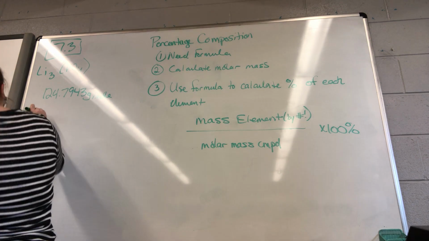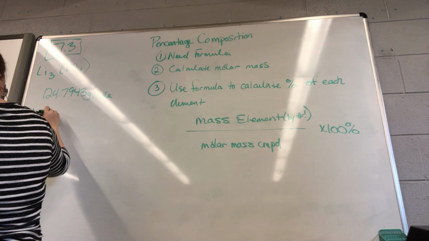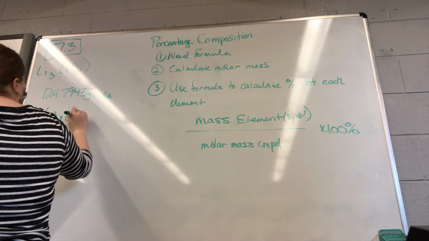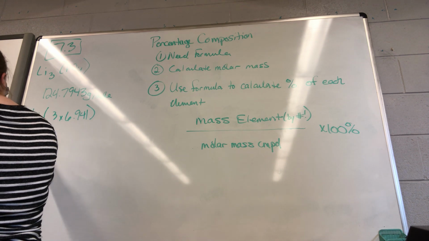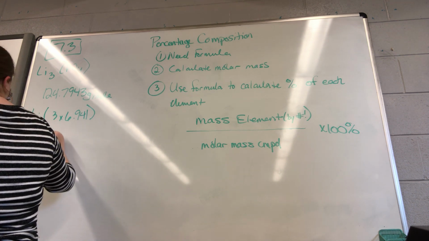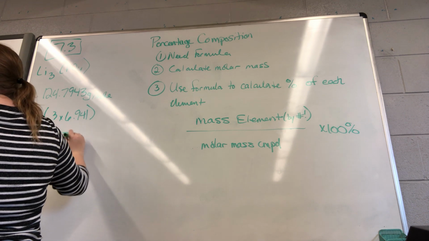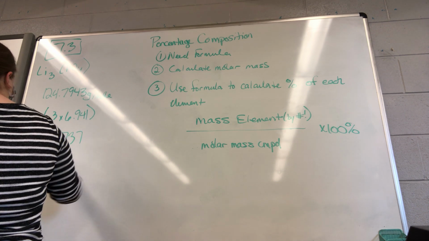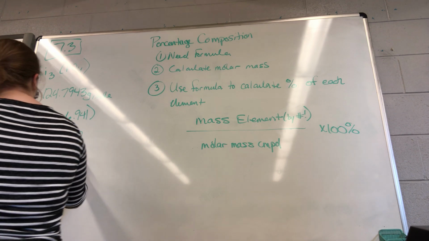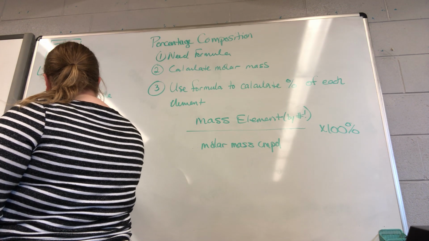So the lithium, hey, check this for me. 6.941. The phosphorus should have been 30.973. Just check your calculator. And then the O times 4 should have been the 15.99, 4 times 4.